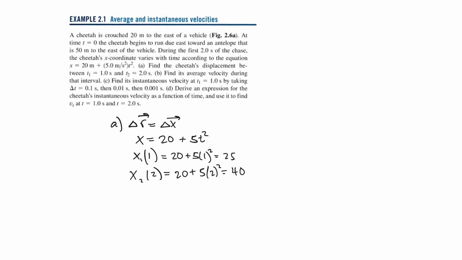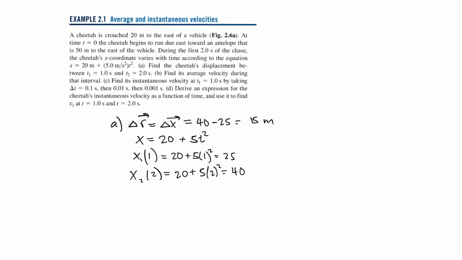And then that delta x operator means that we're doing our second position 40 minus our first position 25 equals 15 meters. So the cheetah between 1 and 2 seconds went 15 meters.